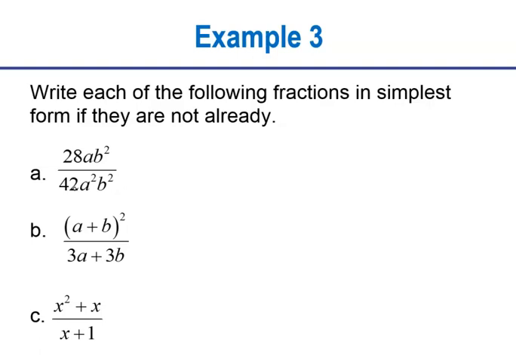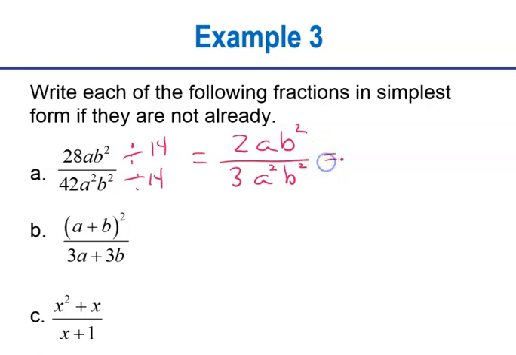I would argue that's 7 or possibly even 14. And really 14 is our winner. So the first thing I'm going to do, one step at a time, is divide each of these values by 14. That gives me 2 AB squared. 42 divided by 14 is 3, and you have A squared B squared.